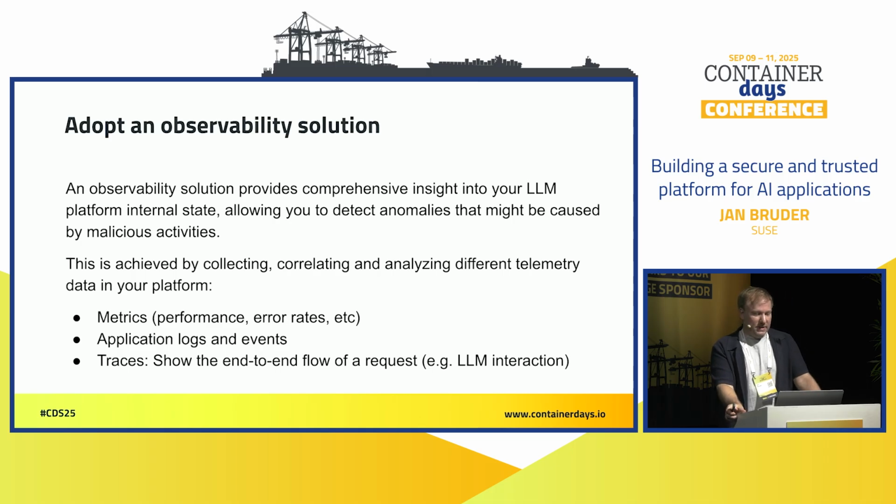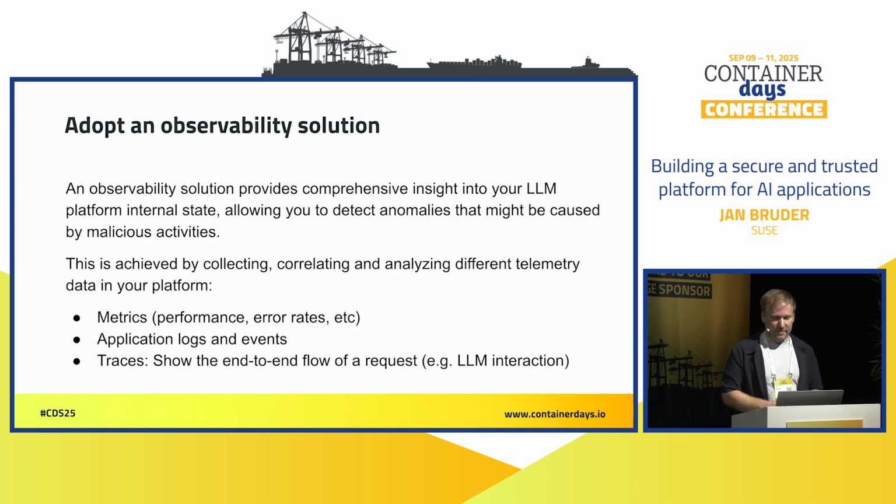Another recommendation is to adopt an observability solution. I mean, this is a general trend, I would say, for cloud-native application management. But of course, it also applies when you run LLM models on top of Kubernetes.